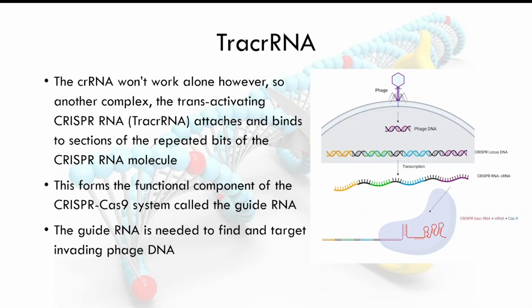Now we'll explain how this works in a second, but just understand that we've got our CRISPR locus, we've transcribed it into our CRISPR RNA, we've inserted the CRISPR RNA into the tracer, and that has then locked in place into our enzyme. I'll pause there.